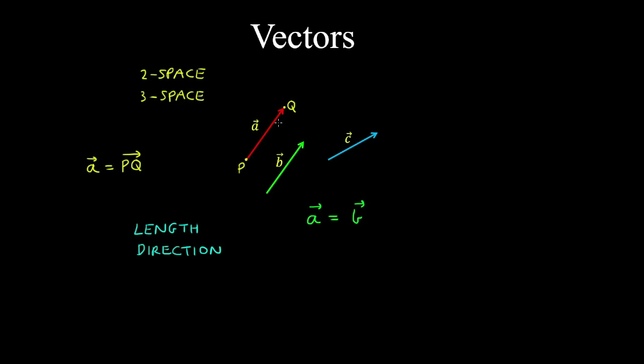So as we can see, A is equivalent to B, but these vectors are not equivalent to C. So even if C had the same length as these vectors, it would still have a different direction. And a special vector, the 0 vector, is a vector that has the same initial and terminal point.